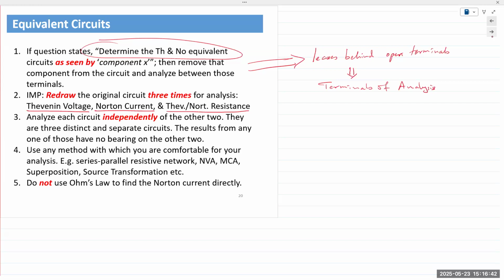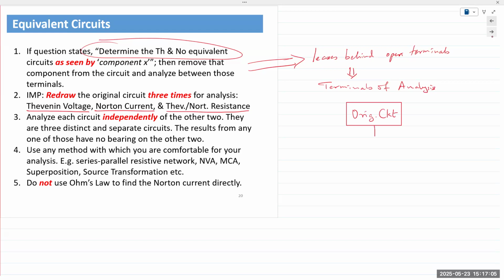Okay, so let's do a full flow chart. Okay, let's say you're given a circuit. Okay, you're given a circuit. Original circuit.